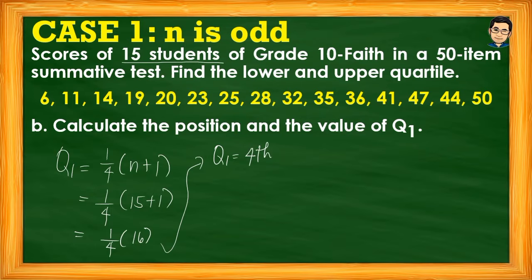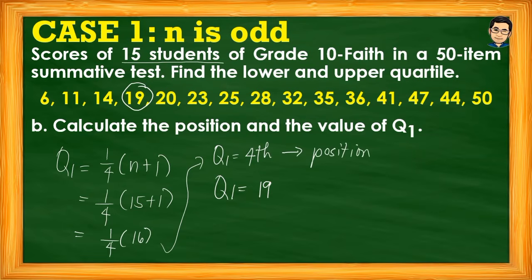Okay, so, looking at the data na naka-arrange, ayan yung naka-yellow. So, yung pang-fourth data po natin, starting from 6, is 19. Okay, so therefore, the value of the lower quartile is 19. Again, yung fourth po natin dito, ito po yung position, location.